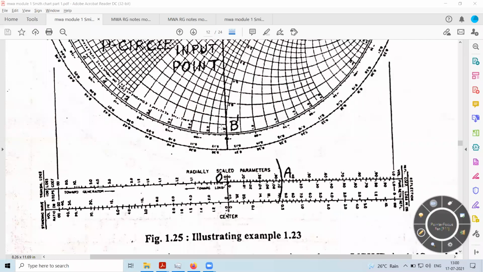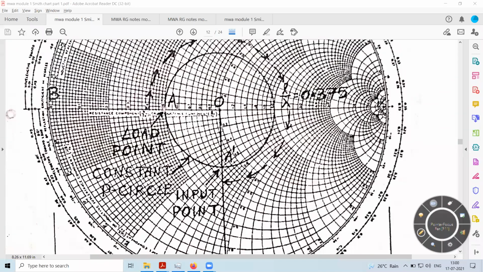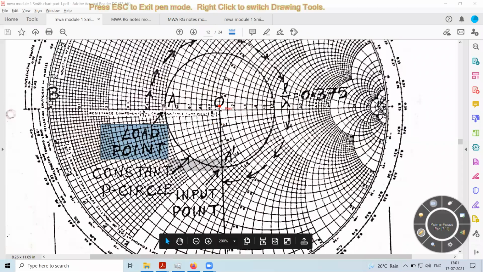Another point to note: if you want the angle associated with the reflection coefficient at the load end, you need to extend the line OA so that it intersects the outer circle, where you will have the reflection coefficient angles.